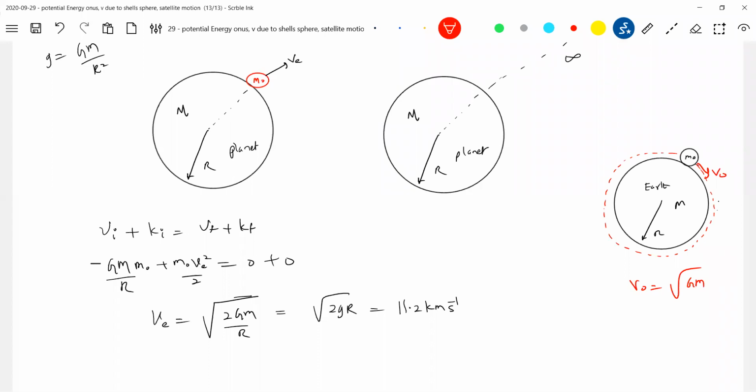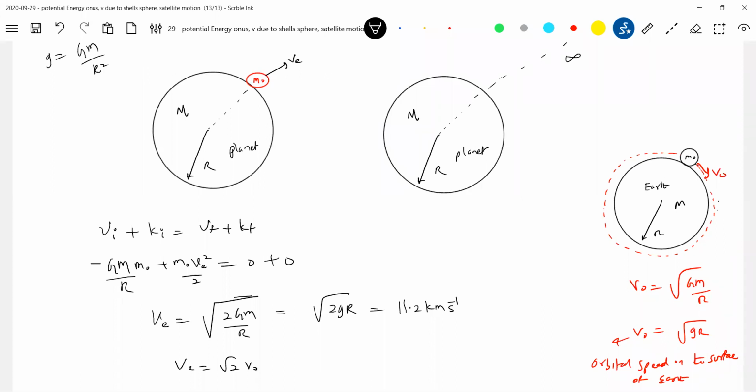You can write only root of GM by R. So how are this orbital speed on the surface of the Earth and the escape velocity related? They are related by the formula ve equals root 2 times v naught.